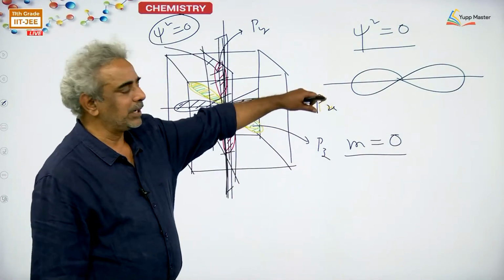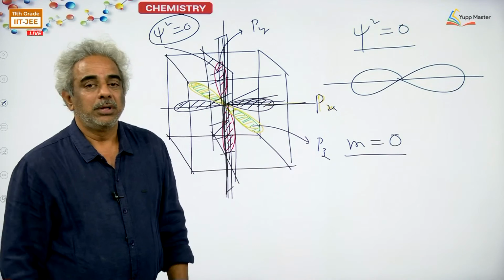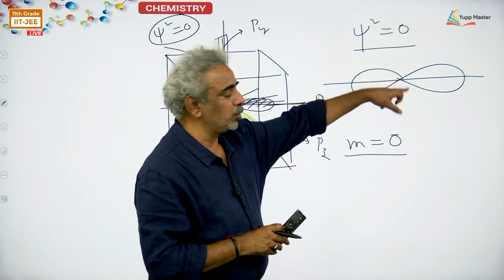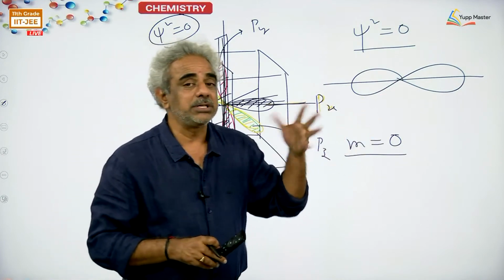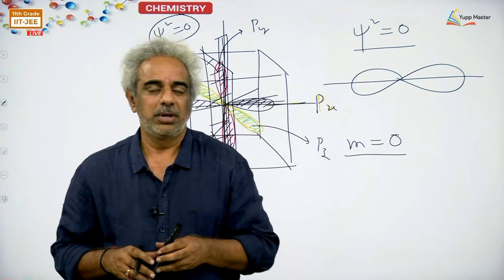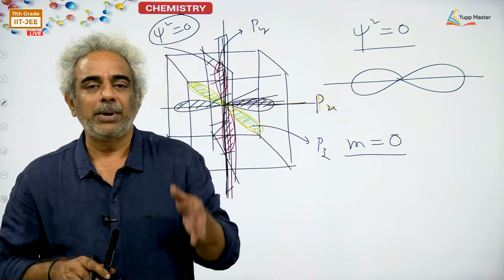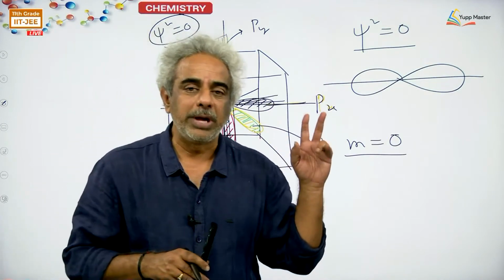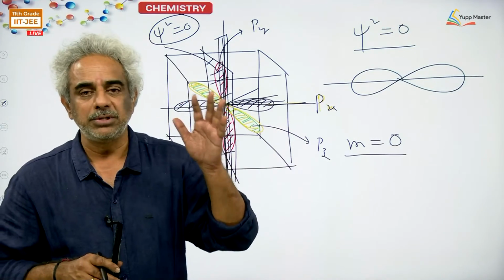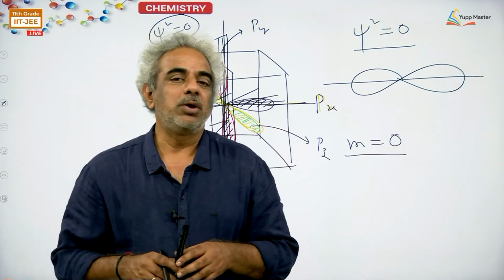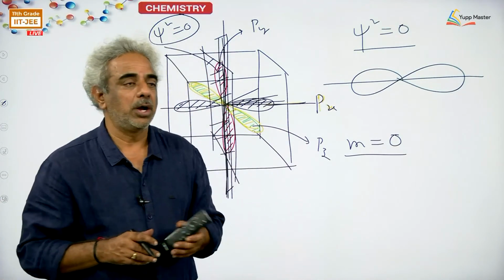It also divides the orbital into two equal parts, but it is not a nodal plane because electron density is not 0 on that plane. So a nodal plane divides an orbital into two equal parts on which the psi square value becomes 0.